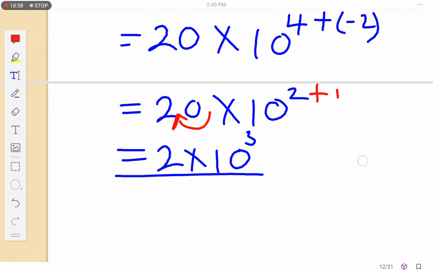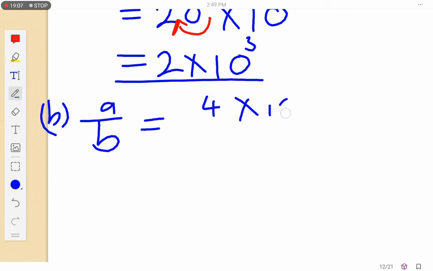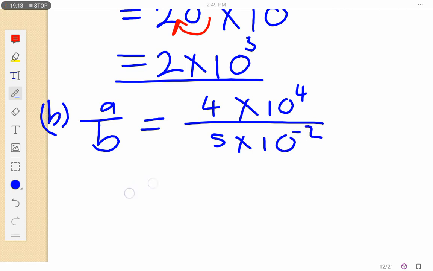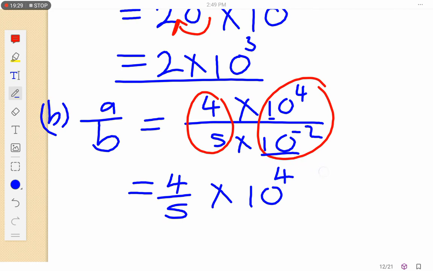Let's look at the division part. Part B, A over B. This is the same as 4 times 10 to the power of 4 divided by 5 times 10 to the power of minus 2. So in other words, I can divide the A's together, and also the tens together. So let's divide. I have 4 over 5 times 10 to the power of, since these are dividing and they have the same base, 10 to the power of 4 minus 2.